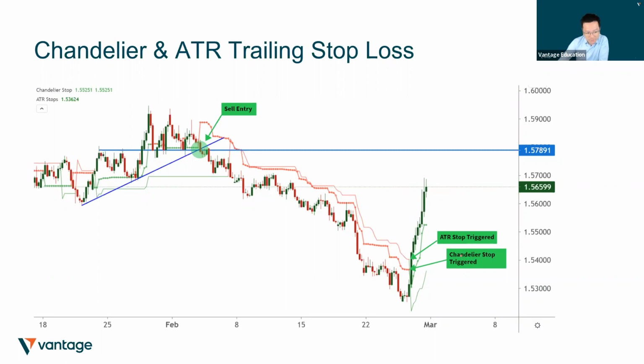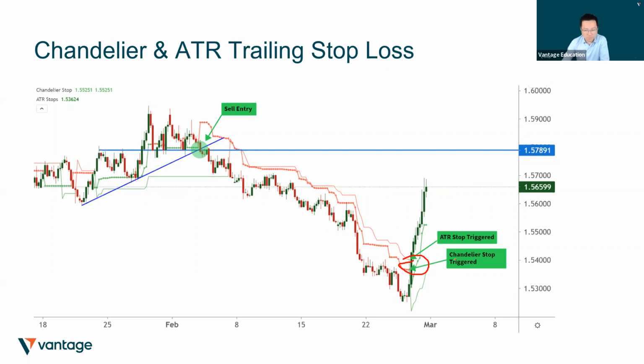The chandelier is one of the indicators you can apply, I'll show it to you on TradingView later, that shows you that potential reversal as well. It gets you at just slightly below that 1.54 level. The ATR gets you slightly above, all giving you relatively the same level to get out at that point there.